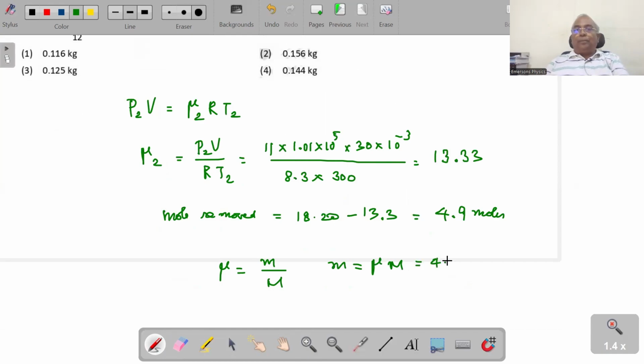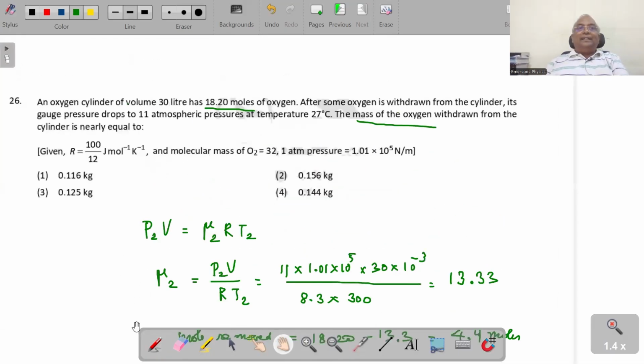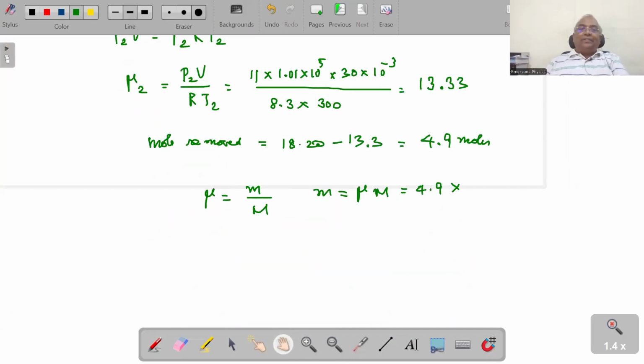Mu is 4.9 moles. What element is this? It is given as oxygen. Atomic weight of oxygen, O2, is 32 grams. Since the answer is given in kilograms, convert the grams into kilograms. If you calculate this, you get the mass of the gas removed: 0.157 kg is the answer.